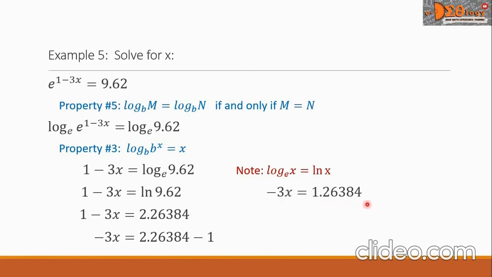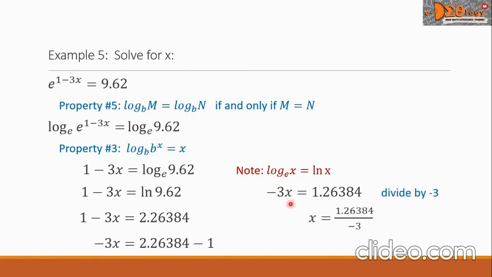1.26384. And to make the coefficient of x equal to 1, we're going to divide the equation by the coefficient of x, which is negative 3. And if we do that, the negative 3 here will cancel out.